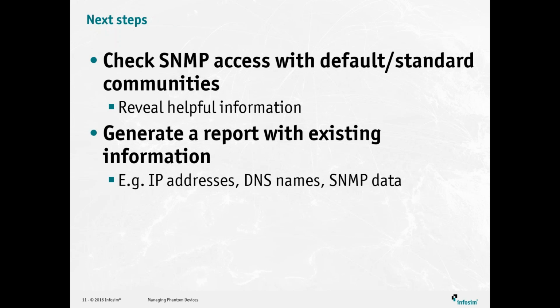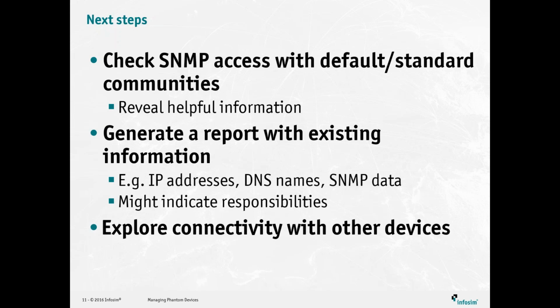This might be an IP address, DNS name, or the SNMP data that you have extracted from the respective device. This might indicate the responsibilities, and it gives you hints about who to ask about the next steps, if this device can be disposed, and so on.